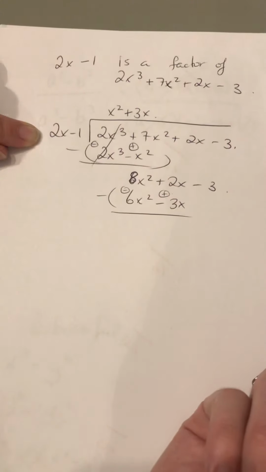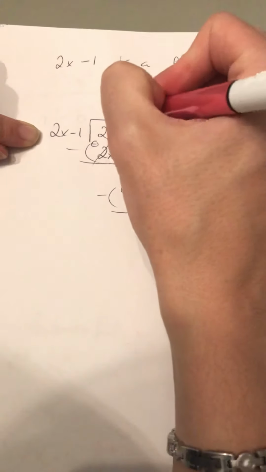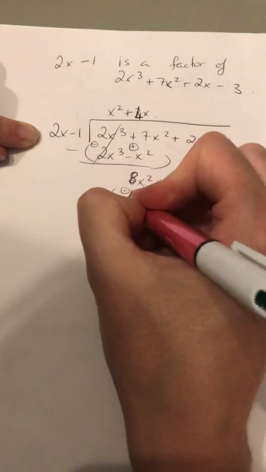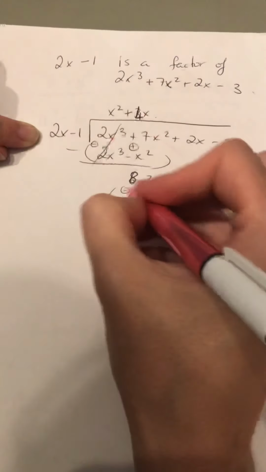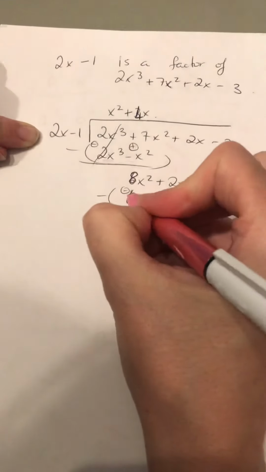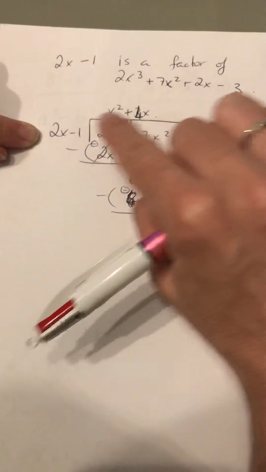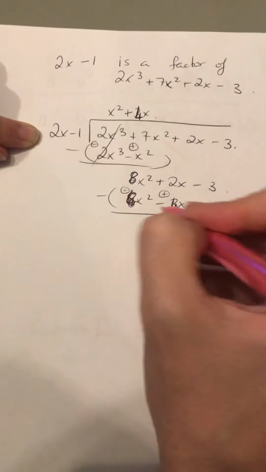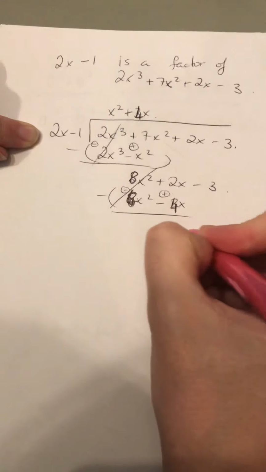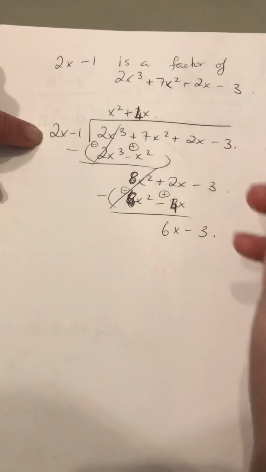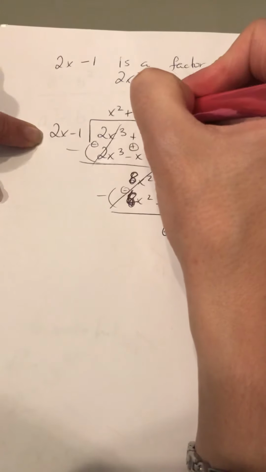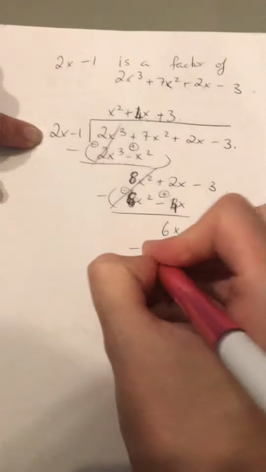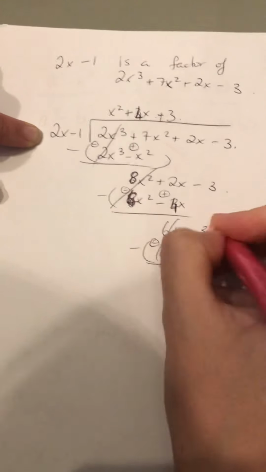So things weren't starting to work out for me, so I was trying to see what it was, which gives me a 4x. That gives me 4x squared. No, sorry, that gives me 8x squared. Easy make mistakes here. And minus 4x. And I subtract. That's gone, and I end up with 6x minus 3. What do I multiply 2x by to give me 6x? I multiply it by a 3 and I end up with 6x minus 3, subtract, and I end remainder 0.